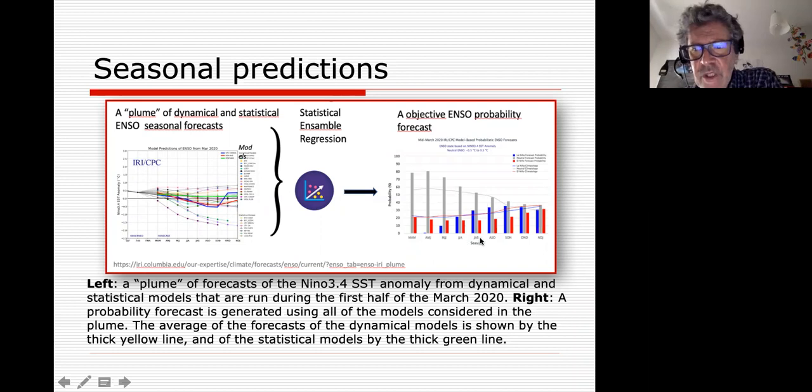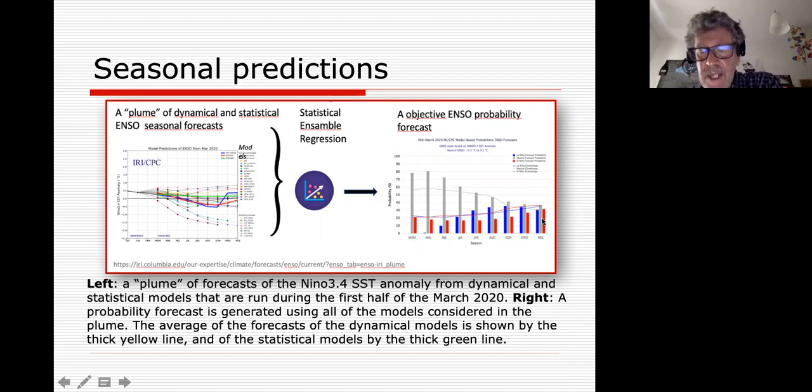From August onward, the probability of La Niña gets stronger and stronger, and the other two tend to decrease. When you go almost 10 months ahead, the three probabilities are more or less the same.